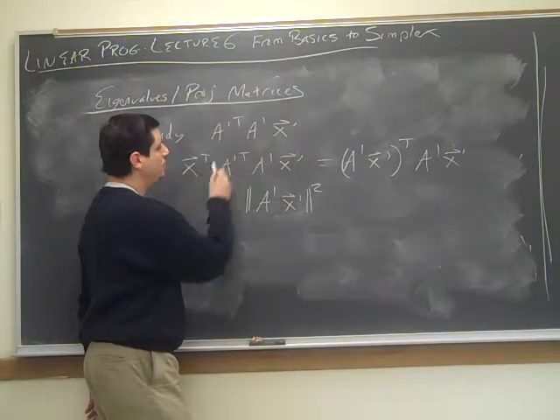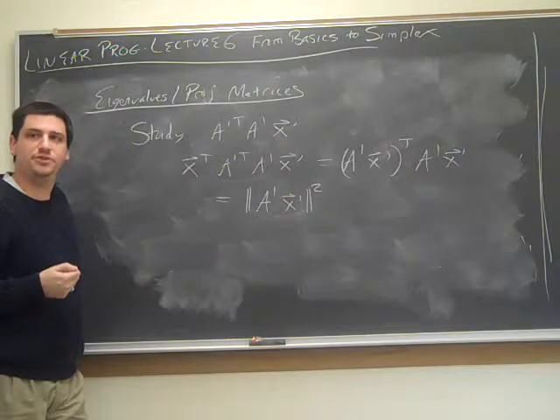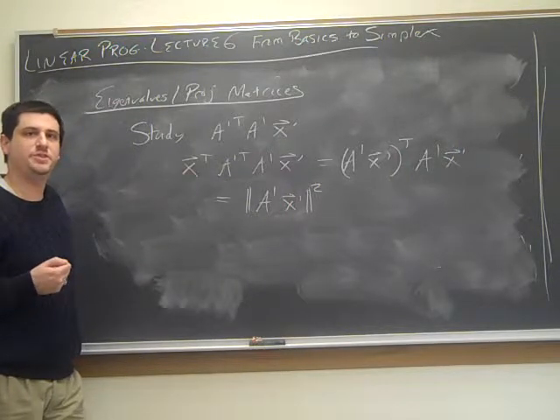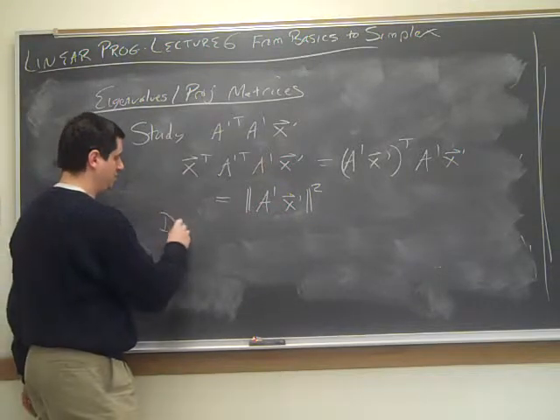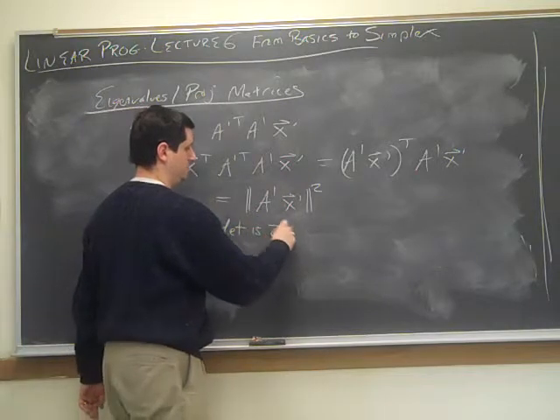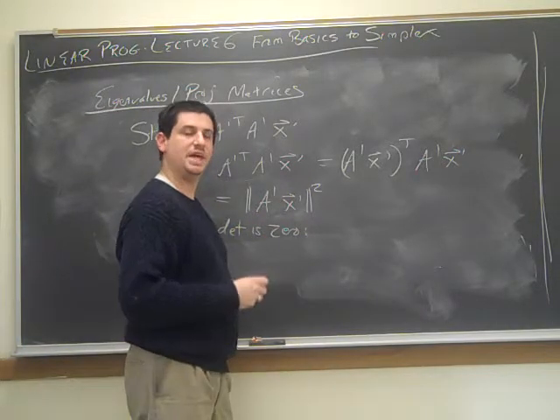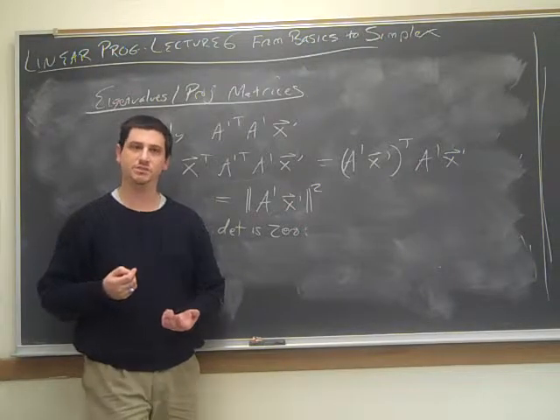So if I have a square matrix, the only way it's not invertible is if it has a determinant of 0. Right? So the danger is determinant is 0. But that means it has an eigenvector with eigenvalue 0.